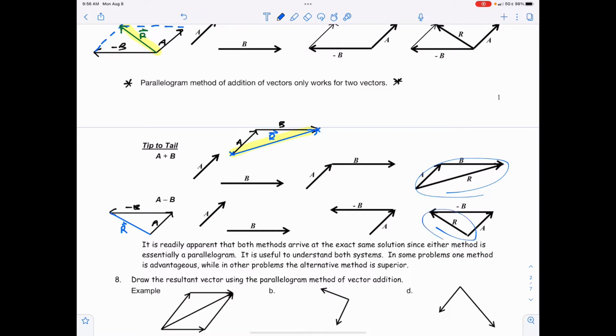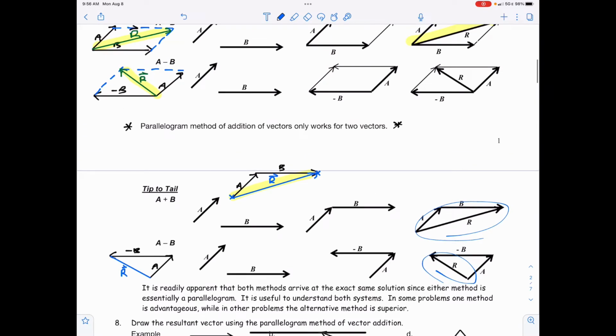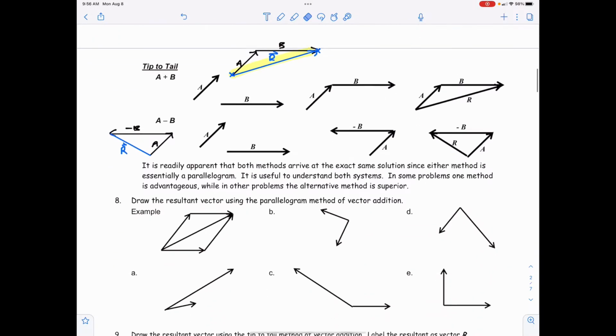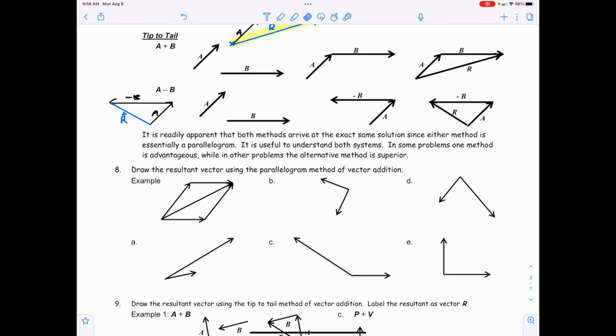You can see that represented clearly right here, and it is consistent with the other method. It is readily apparent that both methods arrive at the exact same solution, since either method is essentially a parallelogram. It is useful to understand both systems. In some problems, one method is advantageous, while in other problems, the alternative method is superior.